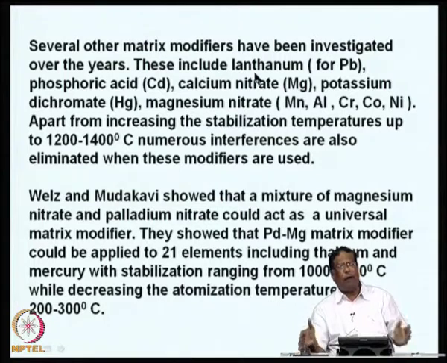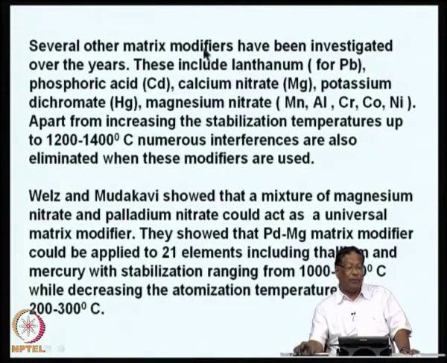Actually, there is a vast literature available on the various types of matrix modifiers which can be used to increase the pretreatment temperature up to 1200 to 1400 degrees for most of the elements now. So, numerous interferences are also eliminated when these modifiers are used.